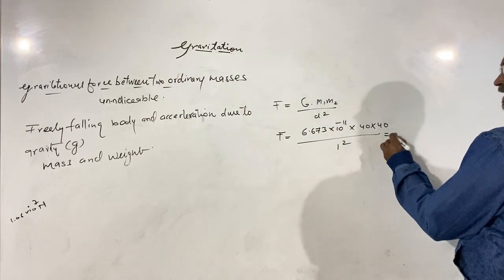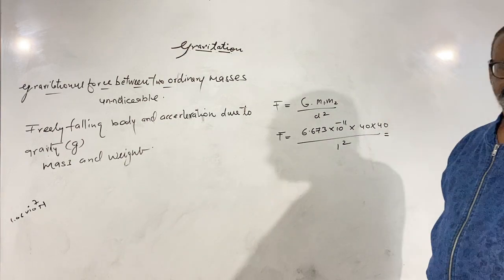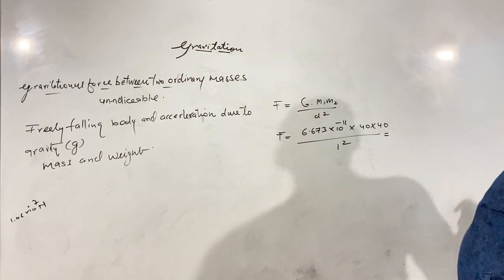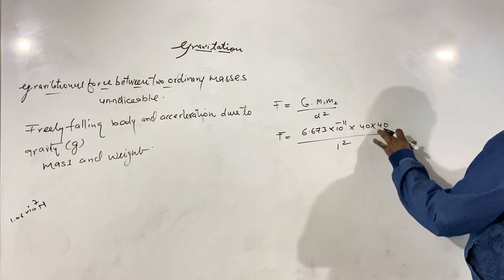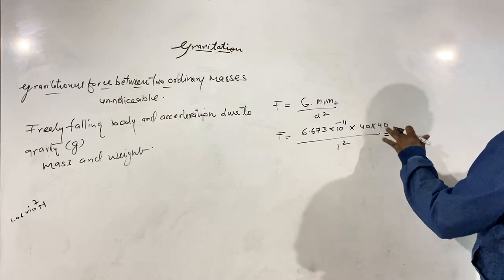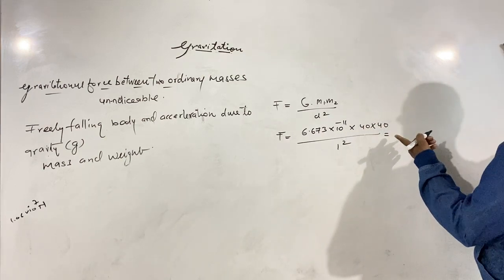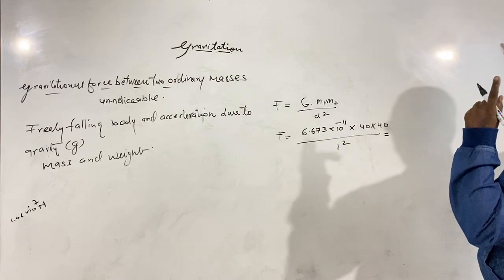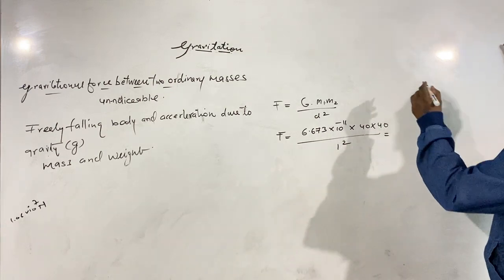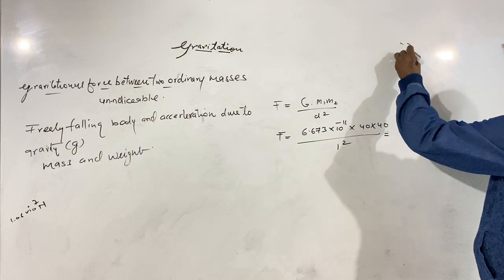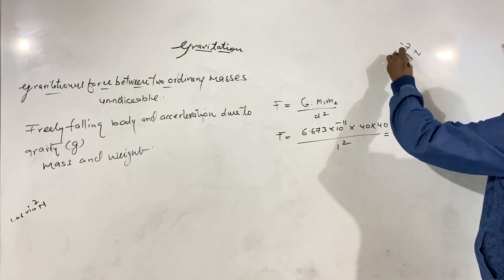If you calculate the force between the two boys of masses 40 kilogram, this force comes out to be in the order of 10 raised to power minus 7 Newton.